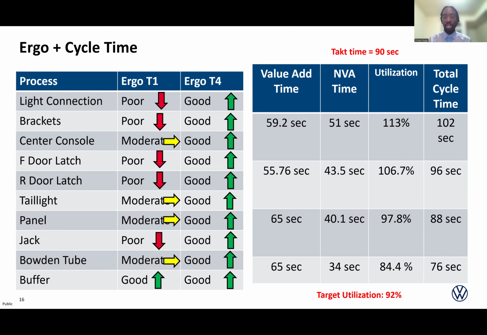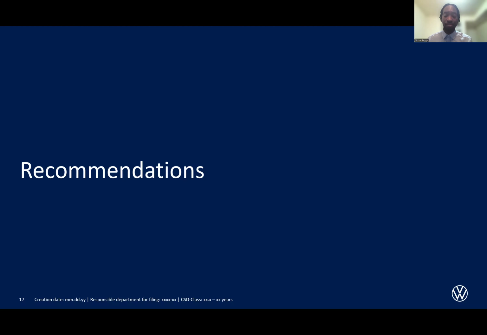Basically, the process can't keep up because we're over utilized. But even though we never reached our target of 92, the worker was meeting takt capability on the third trial, and he was a little bit below utilization, but the total cycle time improves, which is good.